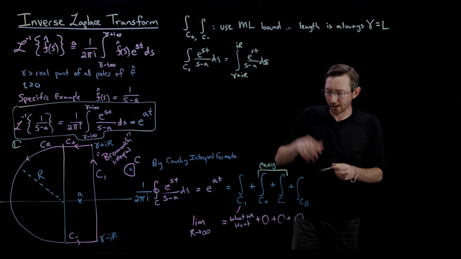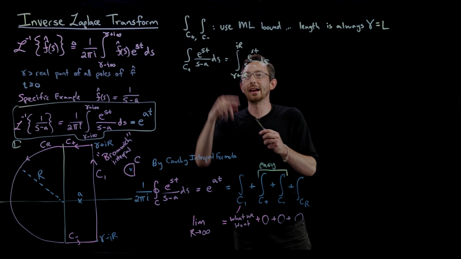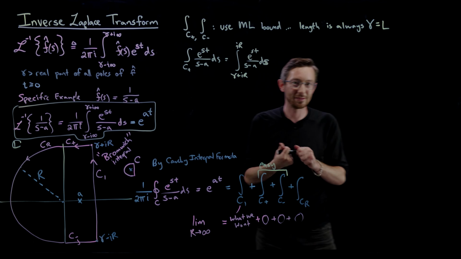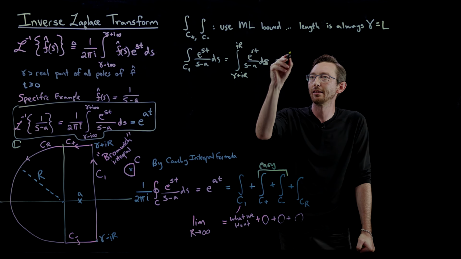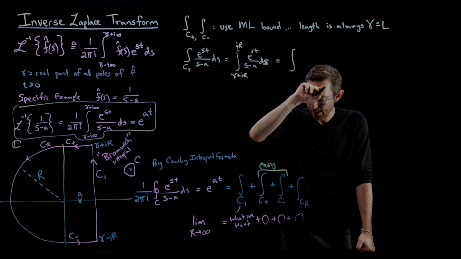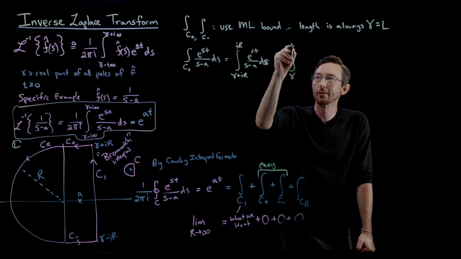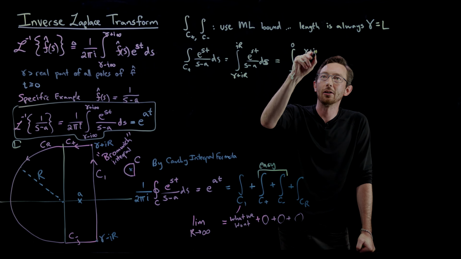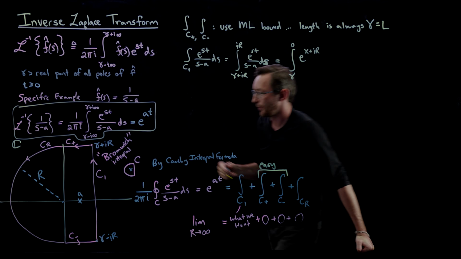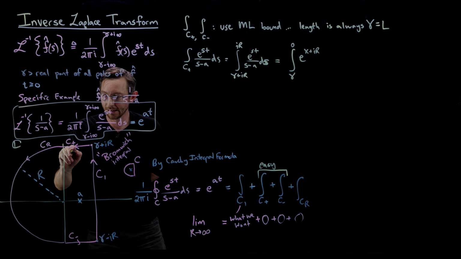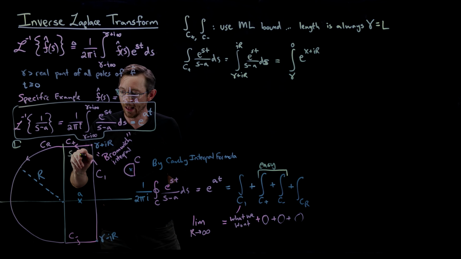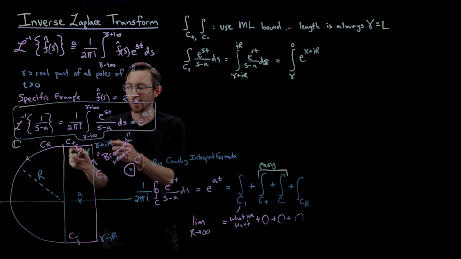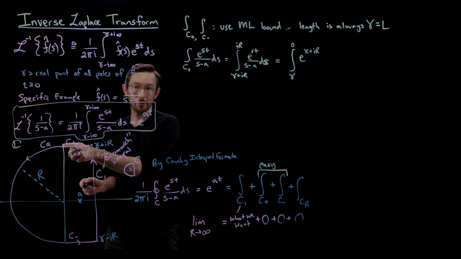Again, I'm going to use some shorthand notation here to say that this is an integral from gamma to 0 of e to the x plus IR. I'm just saying that my variable s equals x plus IR on this little segment where x varies from gamma to 0.